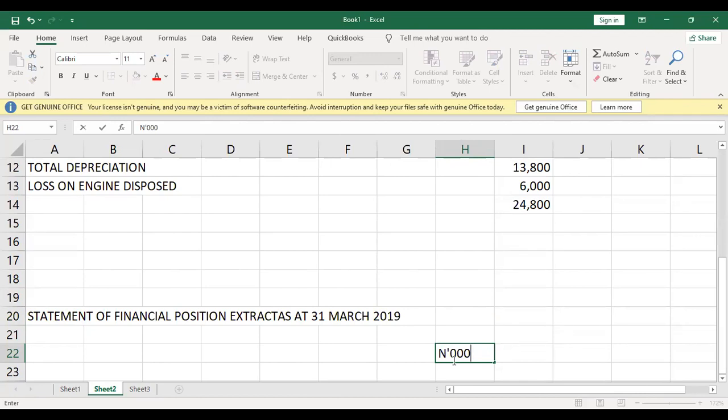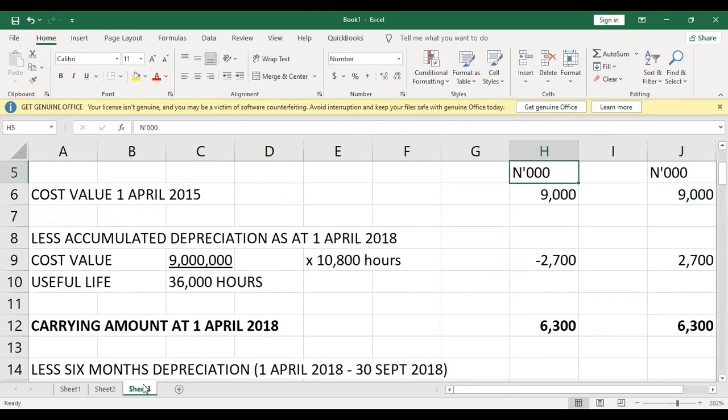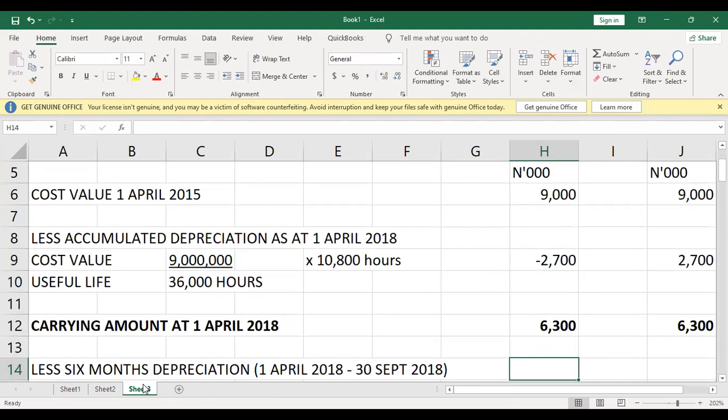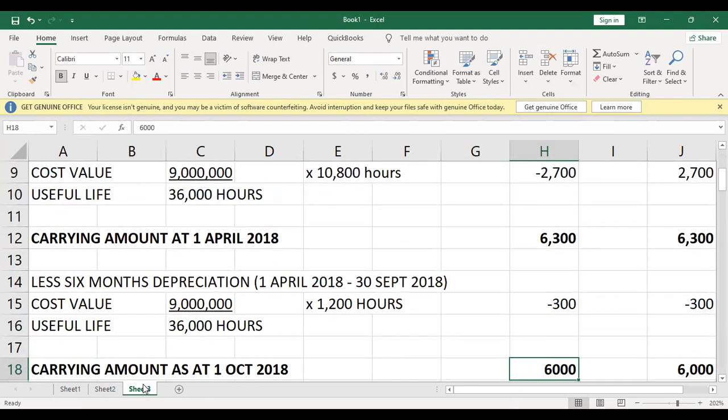So the one that was damaged beyond repair, we had to throw away. The carrying amount of that asset then was 6,000. Remember, there are 2 engines, so the carrying amount as at 1st October 2018, before the accident, was 6,000. Since the accident happened, we had to throw that one away. So it's a loss to us because we've not been able to recoup the amount we spent in buying it some years ago. You understand, ma? Yes, I got it.